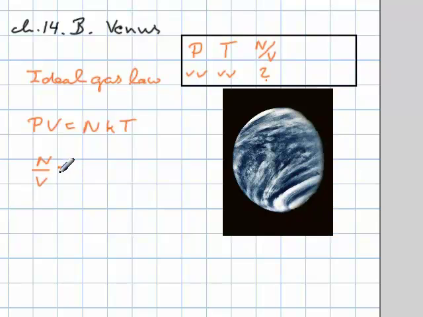So N over V equals P over kT for each of them. And basically what they want to know is N over V for Venus versus N over V for Earth.